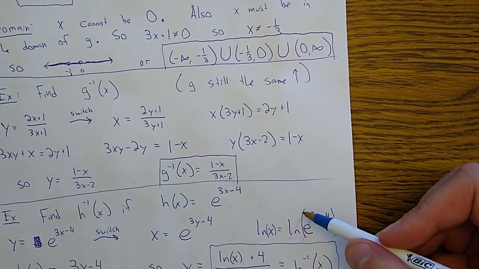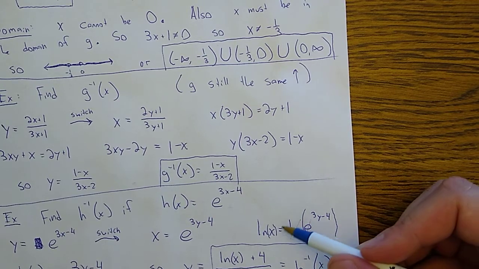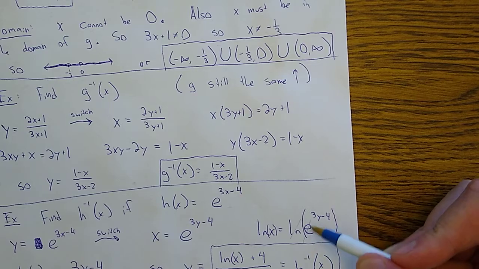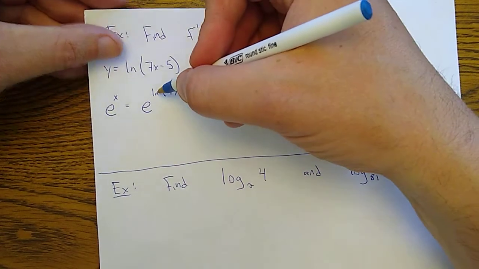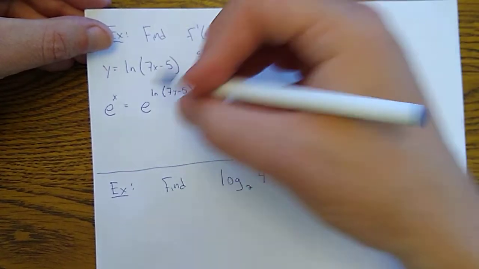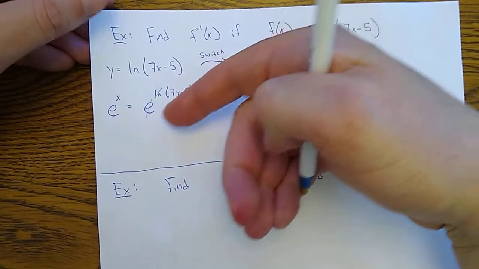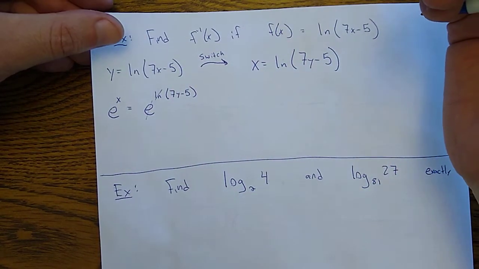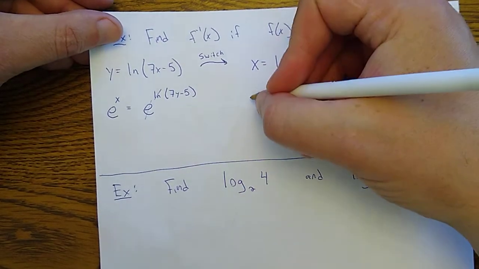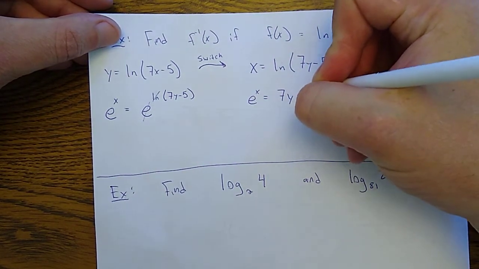It's kind of like last time where this natural log and this e canceled, except last time I had a natural log on the outside and the e was on the inside. This time the natural log is on the inside. But nevertheless, this and this basically just go away, and the only thing that's left on the right is just 7y minus 5. So my next step says e to the x equals 7y minus 5.